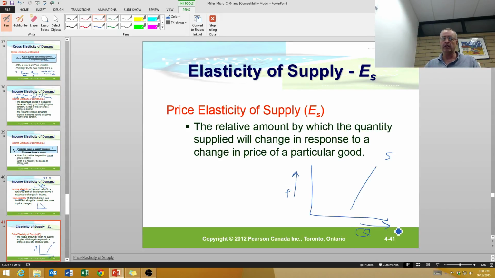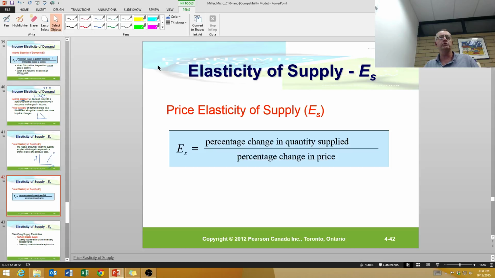So we're going to have the same three ranges along the supply curve: elastic supply, inelastic supply, and unitary supply as well. We use the same kind of elasticity calculation formula that we use for demand. We have the percentage change in quantity supplied for a percentage change in price.